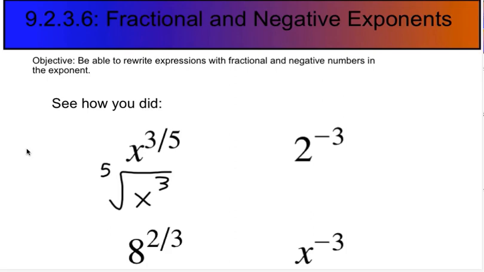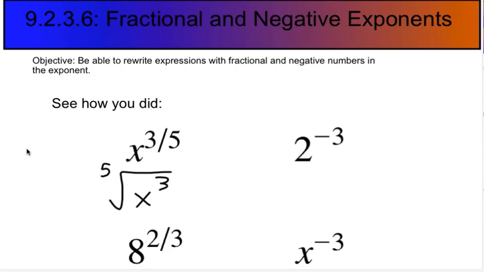All right, now I'm going to try to trick you. What kind of a root is this? It's not a root. These are two totally different types of problems. When there's a fraction in the exponent, it's a root. The second one, 2 to the negative 3, that is not a root.